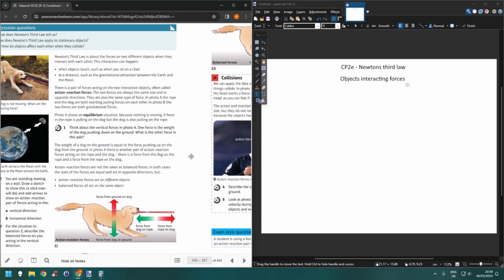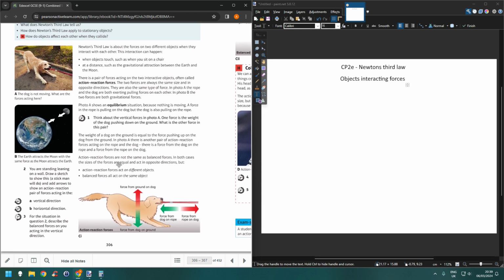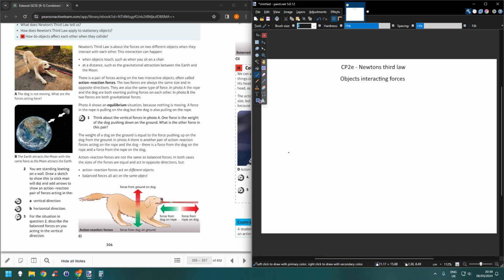We should probably have a go at another question because this is rather confusing. For the situation in question 2, you're standing leaning on a wall. Draw a sketch to show this. So, like this. You're leaning on a wall. Add arrows to show an action-reaction pair of forces.